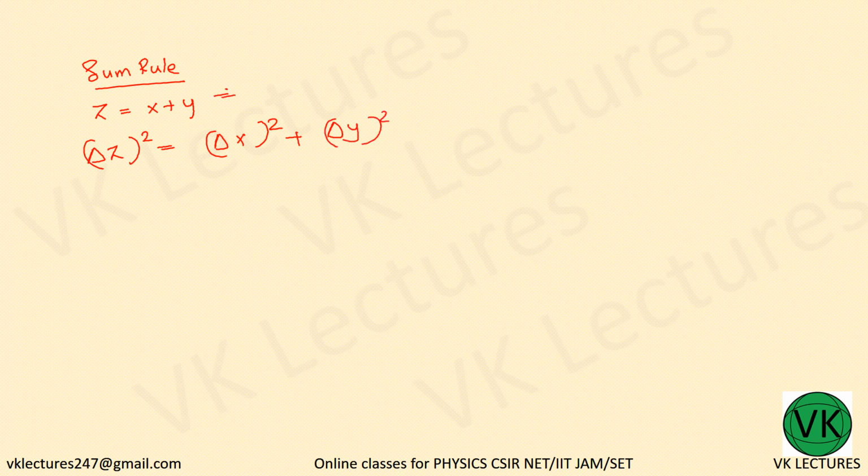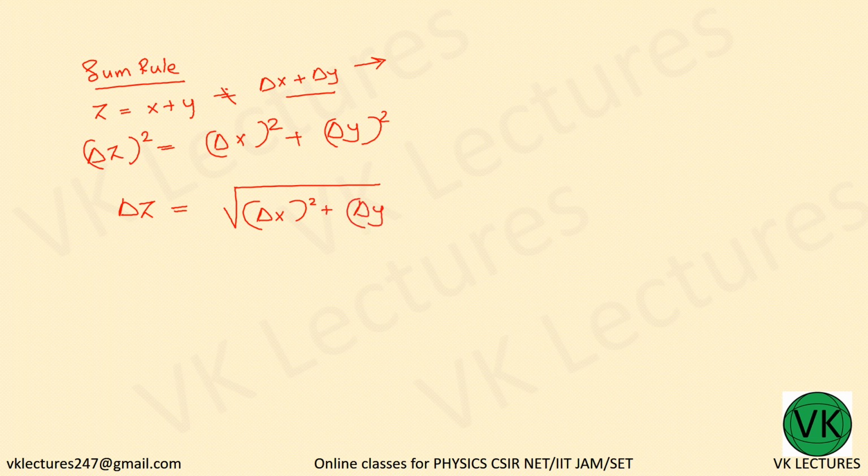This uncertainty is not equal to delta x plus delta y as we did earlier. This is the difference between the error and the uncertainty values. So delta z is equal to the square root of delta x whole square plus delta y whole square.